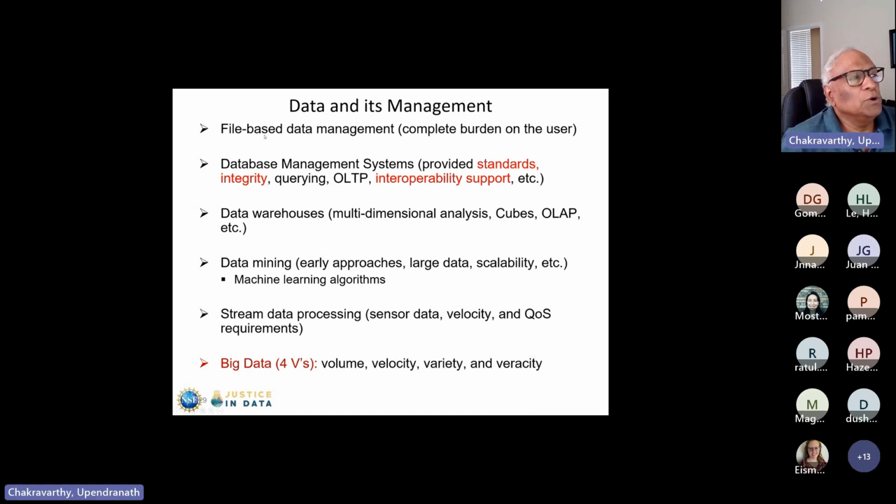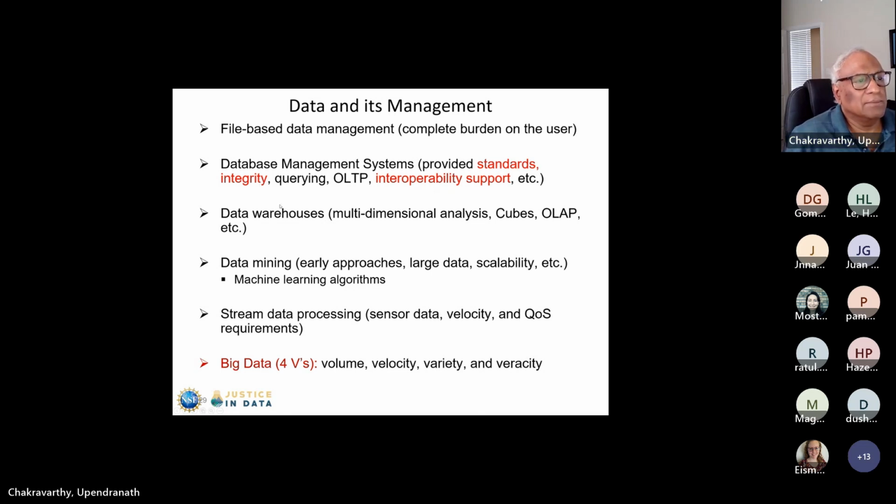And if you want to use file-based systems, the complete burden of how to use this data is on the user, meaning the application developer. You have to understand the format of the file, the record format, you have to know each field, you have to write your program, and if you want to change anything, you have to change your program. So this is where we started off.